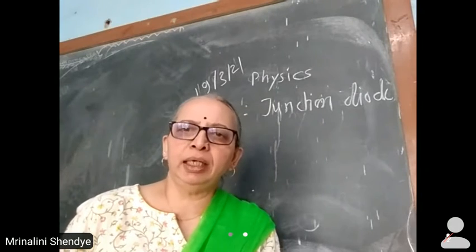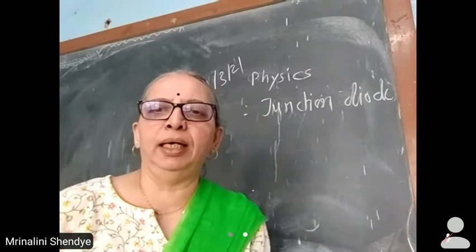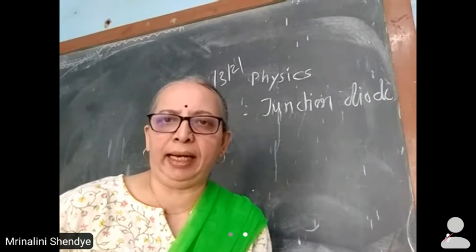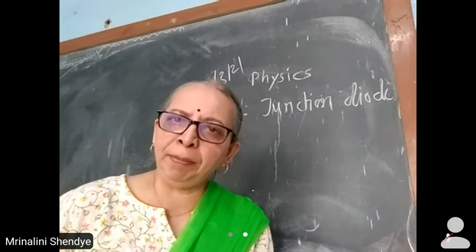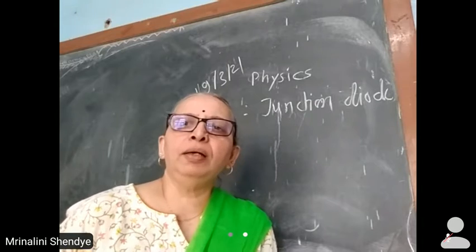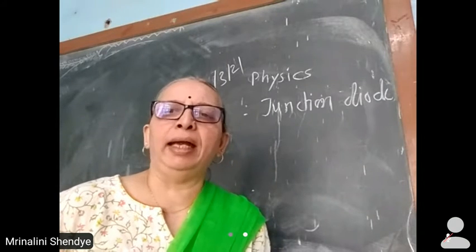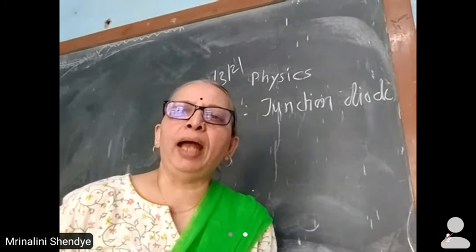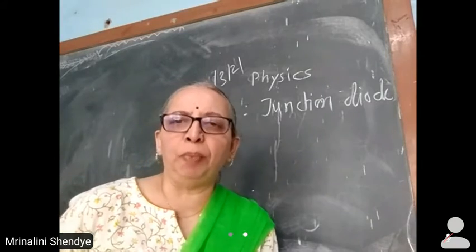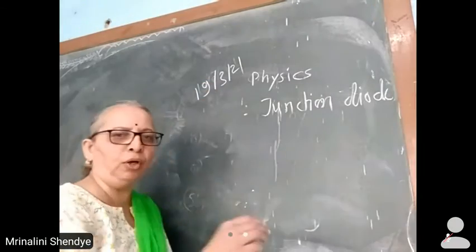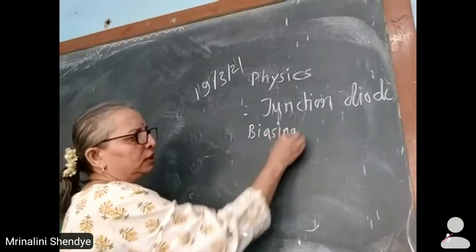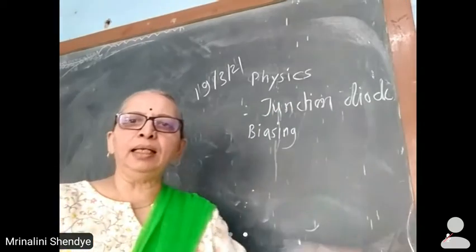The junction diode at normal condition is in unbiased state, but it can be biased and it can be used for further purposes to carry current through it or as a switch using its biasing. So biasing controls, very important, biasing controls the use of junction diode in external circuits.